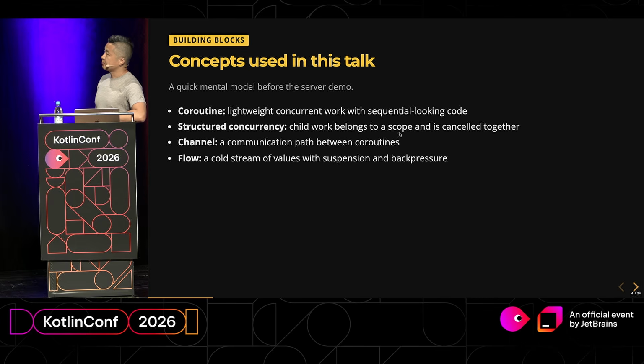Flows are streams of values that become available whenever they're ready, and it's pretty much a reactive stream, but in the Kotlin flavor. Also, one important caveat is that Kotlin flows are by default cold. You can have hot flows, but that's a separate topic we are not covering here.